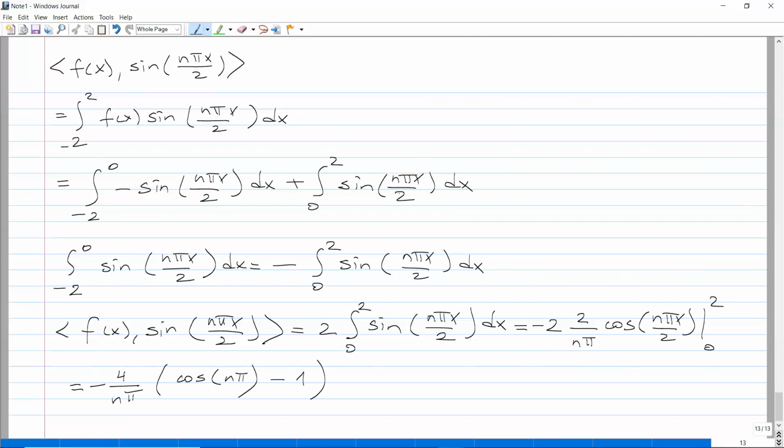Now, what is cosine of n pi? Remember that n is greater than or equal to 1. It depends on whether n is an even integer or an odd integer. Cosine of n pi is 1 if n is even, and -1 if n is odd.